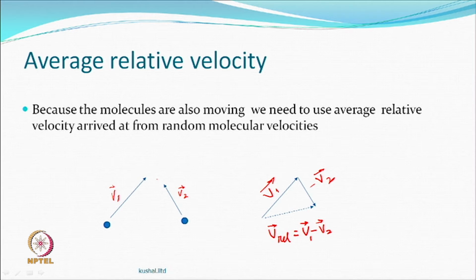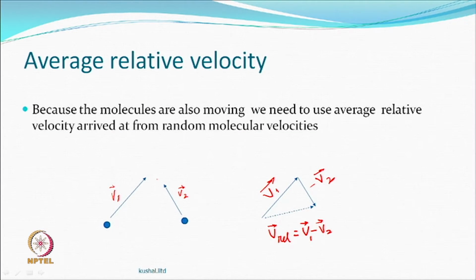So, you show a vector v1, the other is moving with the vector velocity v2, but when they move around one way or the other, the relative velocity therefore would be v1 minus v2, all right. And there will be so many relative velocities also. You strike and go somewhere else and all those kind of things. So, you work with the average relative velocity.